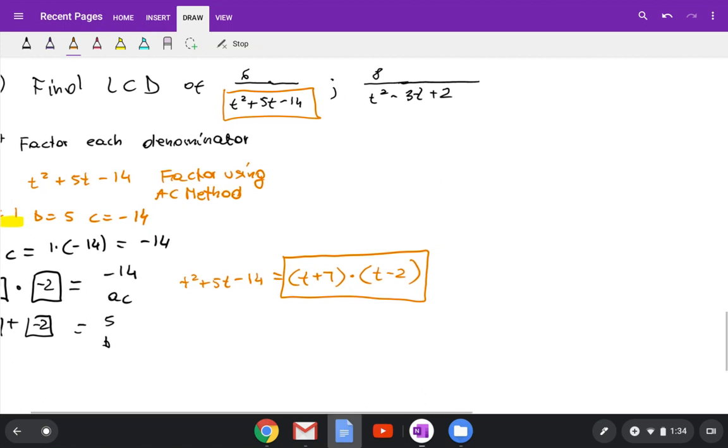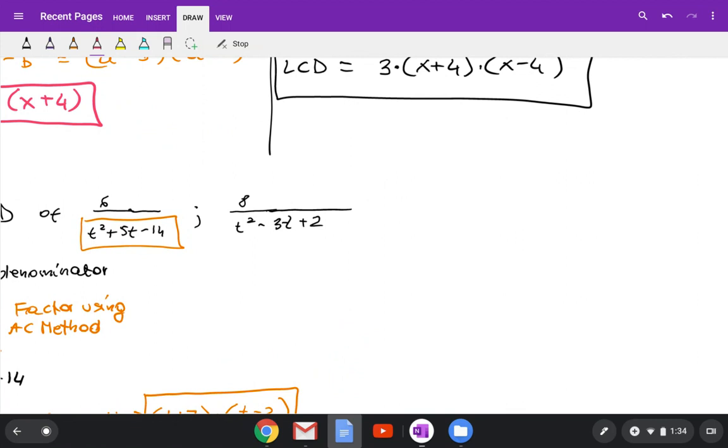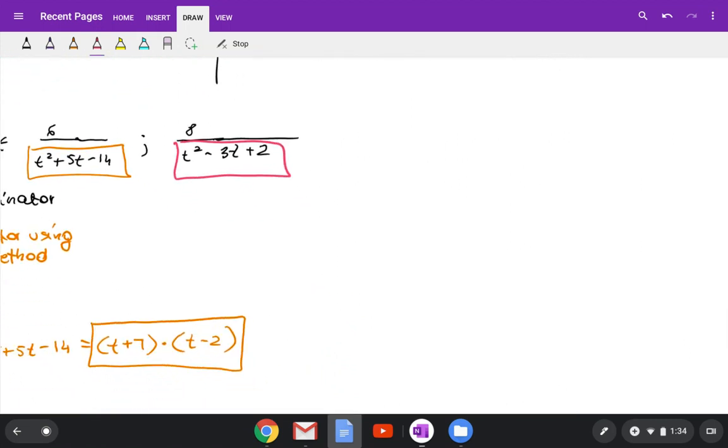Okay. Next, what I'm going to do, I'm going to factor the second denominator. Okay. So we're going to factor t squared minus 3t plus 2. Okay, so the same thing, factor with the AC method.